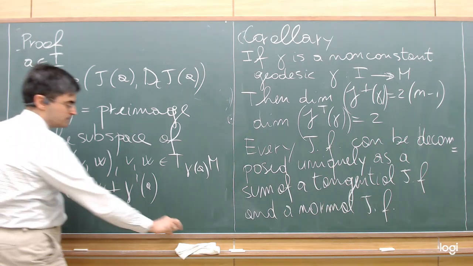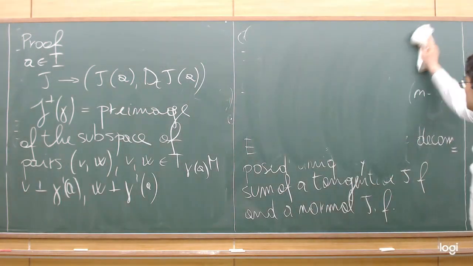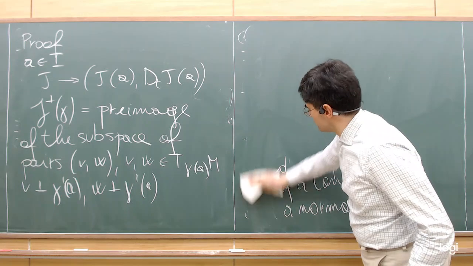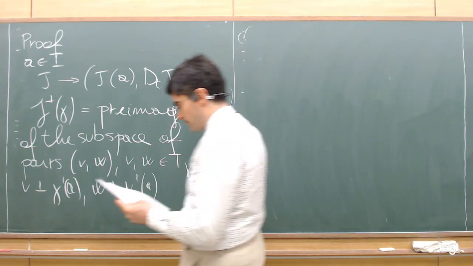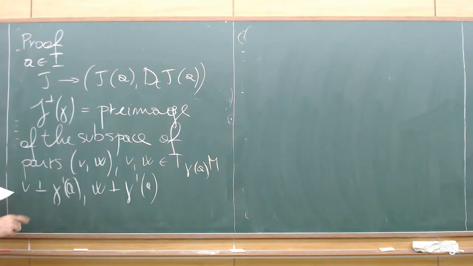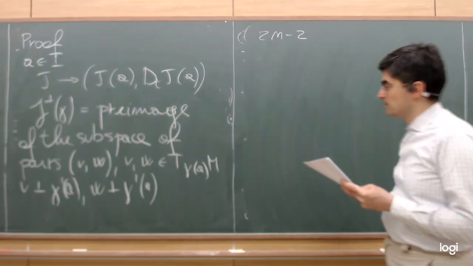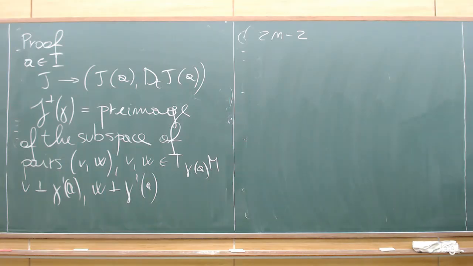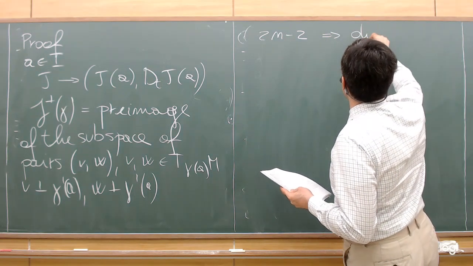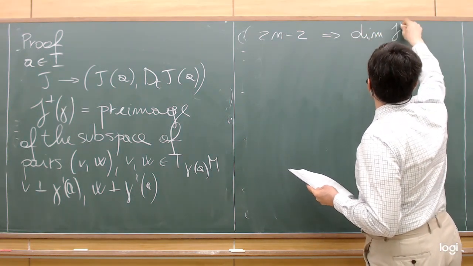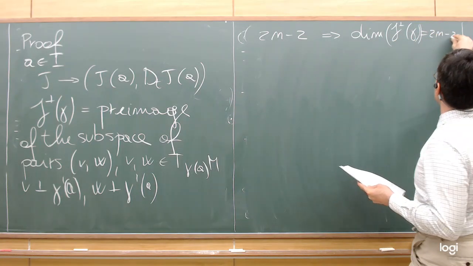Clearly, this is a subspace of dimension 2n minus 2, then the dimension of J orthogonal gamma is 2n minus 2.